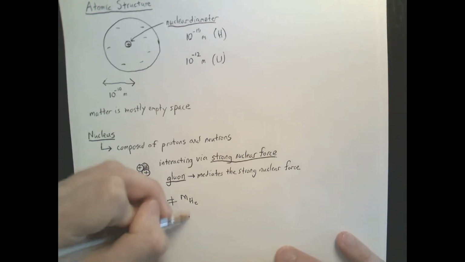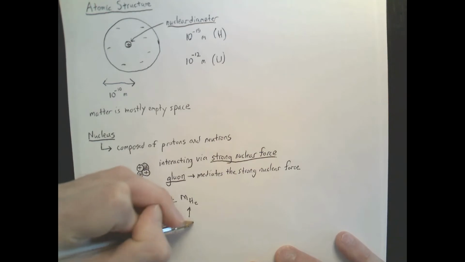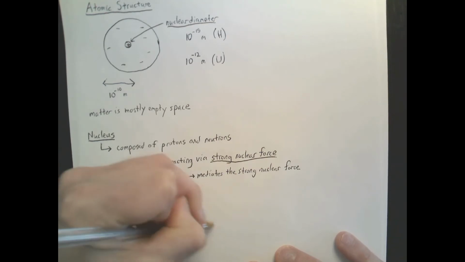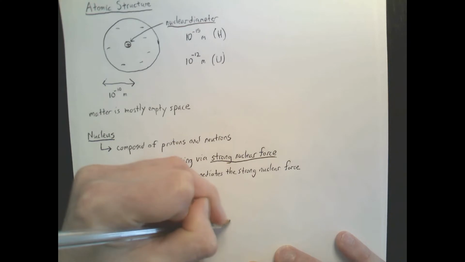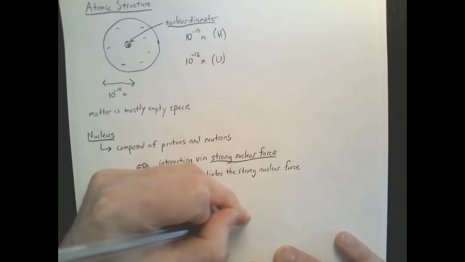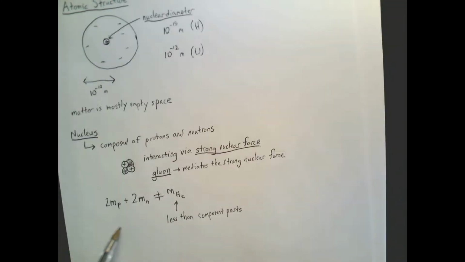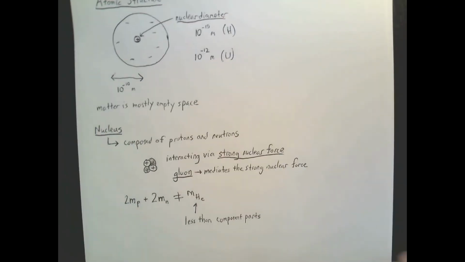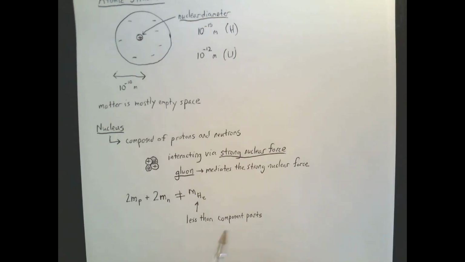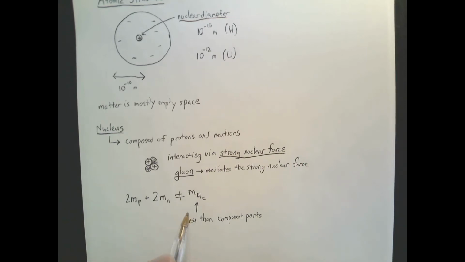It turns out that this is actually less than its component parts. So what happens is when we get these two protons together with these two neutrons, when they bind each other using the gluons and the strong nuclear force, some of the mass has to be converted into energy to hold them together. And that's what this smaller mass here is. It's less than its component parts because the masses that went in to create this nucleus had to be converted to energy to help hold this together.